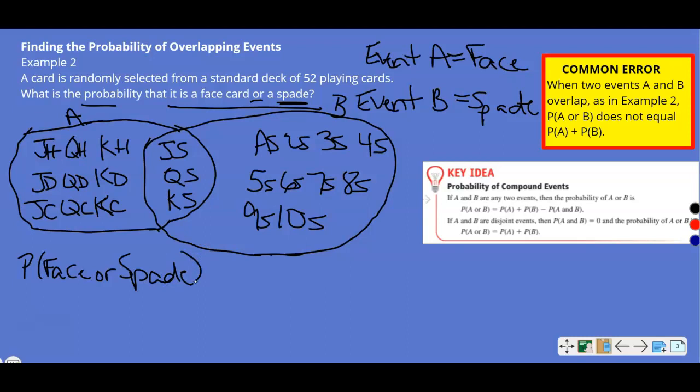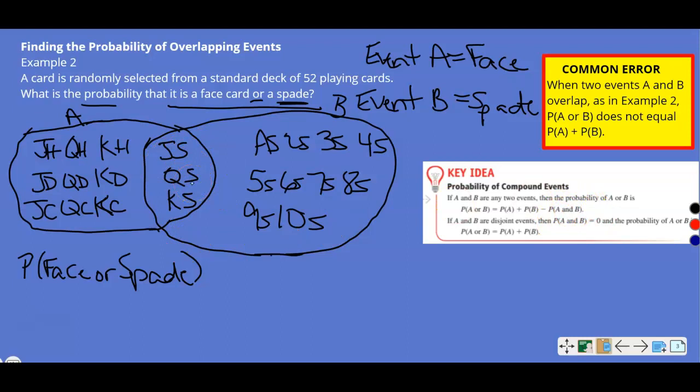All right, and because this is not a disjoint event, meaning that it does have some overlap here, we are going to have to subtract this middle part here. So we're going to have to use this first formula, probability of compound events. If A and B are any two events, then the probability of A or B equals P of A plus P of B minus the overlapping part, A and B.